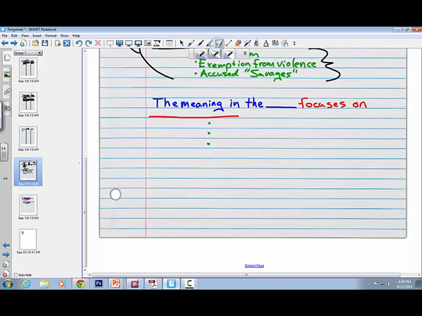And then to further that, what if I took meaning out and put a blank in there, right? The tone in the book focuses on, whatever it is that I'm saying the tone focuses on. Then I back it up with 3 pieces of evidence from the text, right?